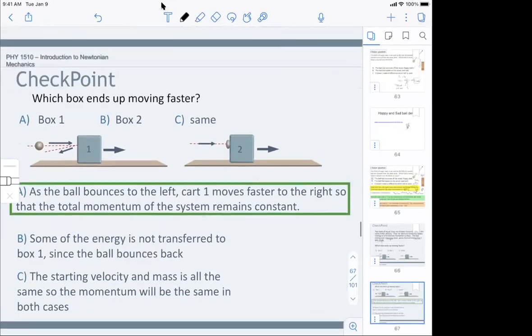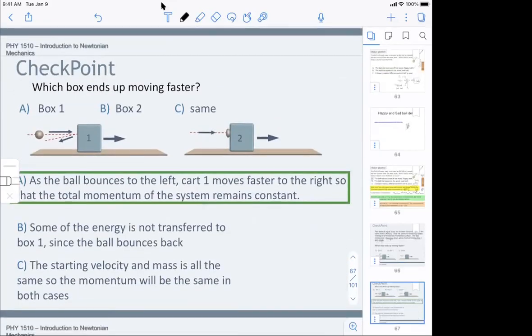So if you view ball plus box as your system, momentum initial is really just the momentum of the ball, because the box is at rest. So it's mv.